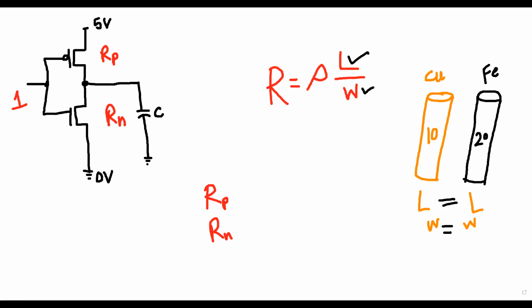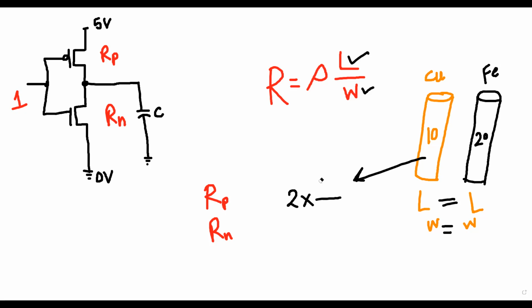But you can change L and you can change W. Let's calculate this one. Let's say this one has a rho of 2, a length of 10, and a width of 1.